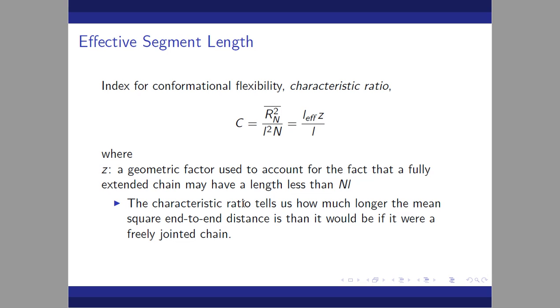So the characteristic ratio tells us how much longer the mean square end to end distance is than it would be if it were a freely jointed chain. It will be much longer.